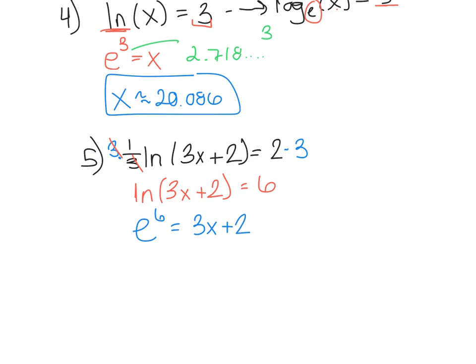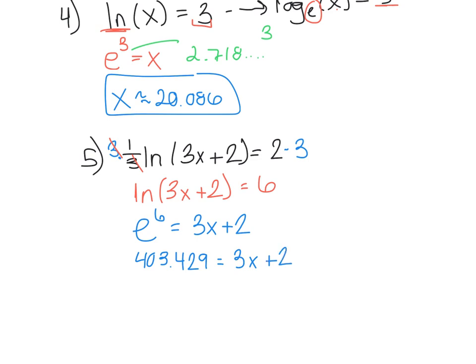At this point, again, you would just use your calculator, use that button. You would hit second ln to get e to a power. You would plug in e to the 6th, and it's 403.429 equals 3x plus 2. And then we can just continue solving this algebraically.